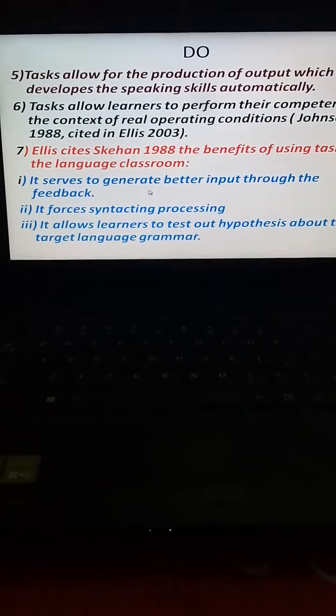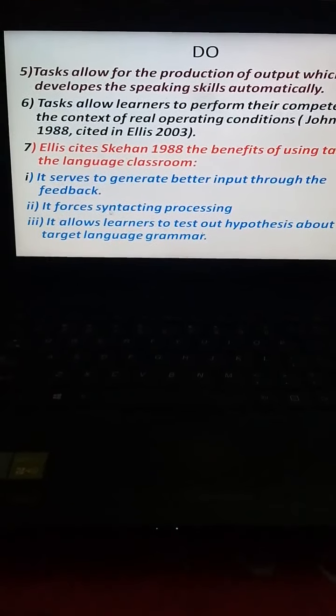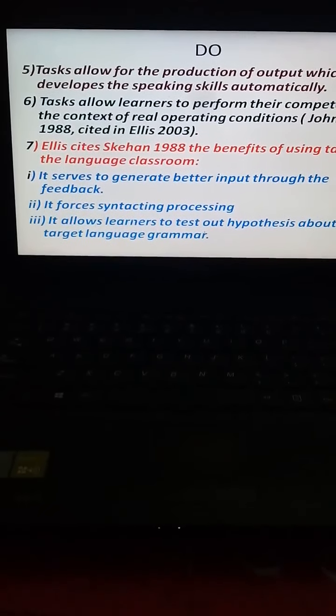Number seven, Ellis cites Skehan, 1998, the benefits of using tasks in the language classroom. How? There are three points. It serves to generate better input through feedback. It forces syntactic processing, that means processing the structure of sentences. And number three, it allows learners to test out hypotheses about the target language grammar that exist in L2 knowledge.